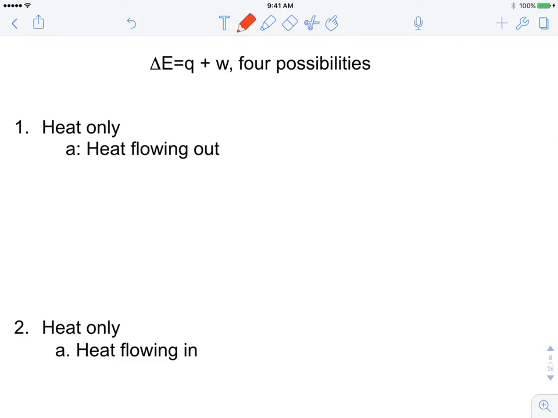So here's our heat possibilities here. Like here we could have heat flowing out. And so this would be a situation if I were to have a beaker of hot water, and I were to put it on the lab bench. So I have my beaker of hot water.